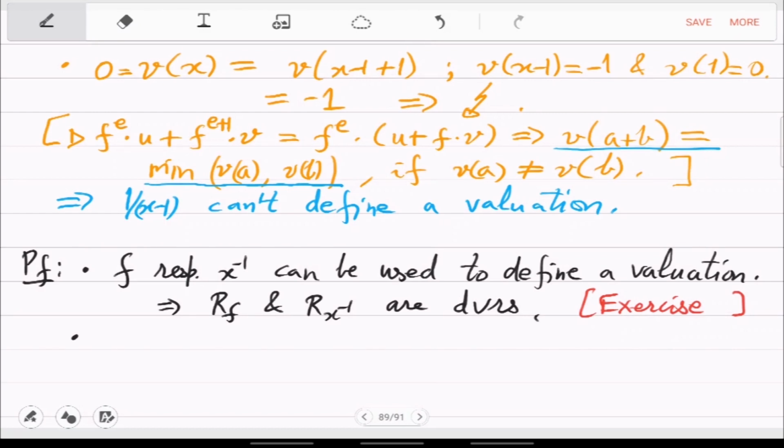And we have to now show that there is nothing else. So let's show that.